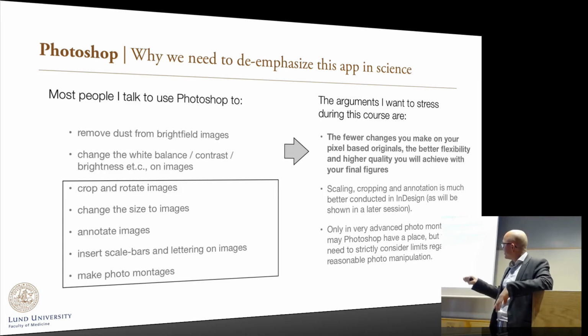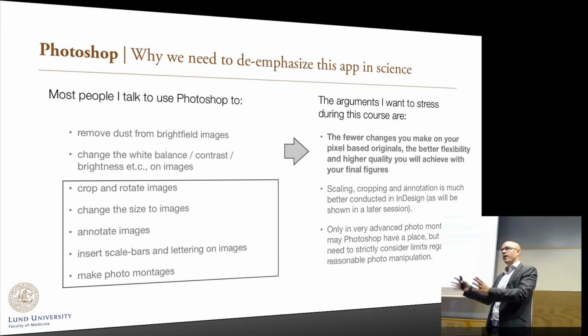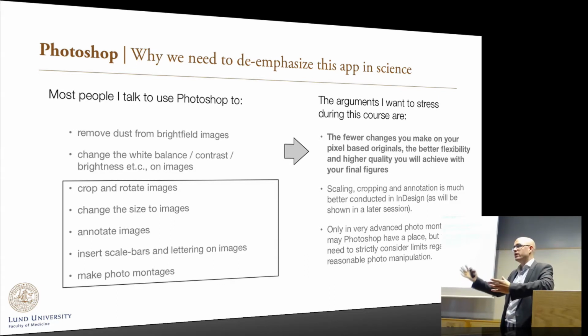And these things will become clear when I show you how these are converted into the final PDF when you publish it in a journal. A montage that's made in InDesign will look dramatically better in the PDF from the journal compared to one that's done in Photoshop.